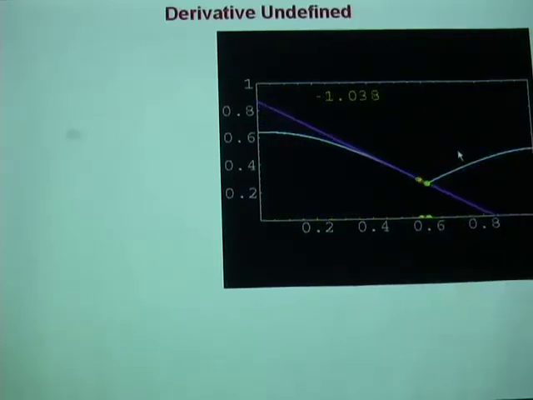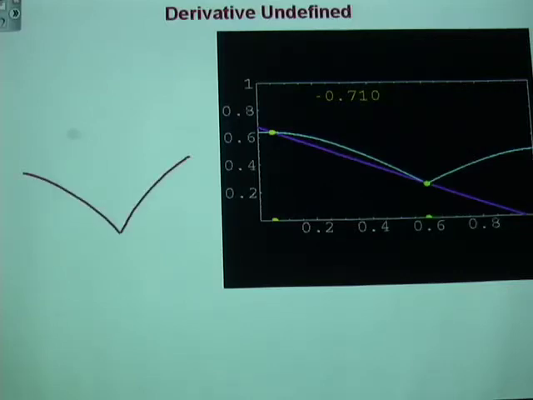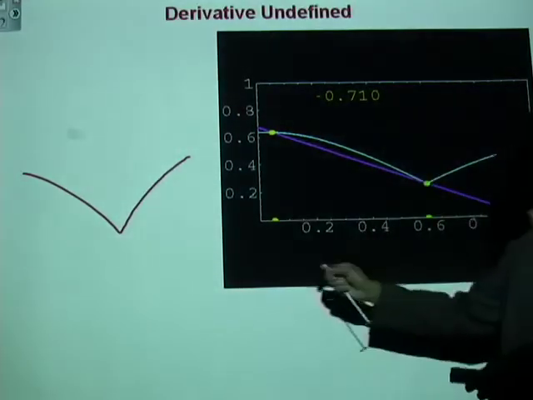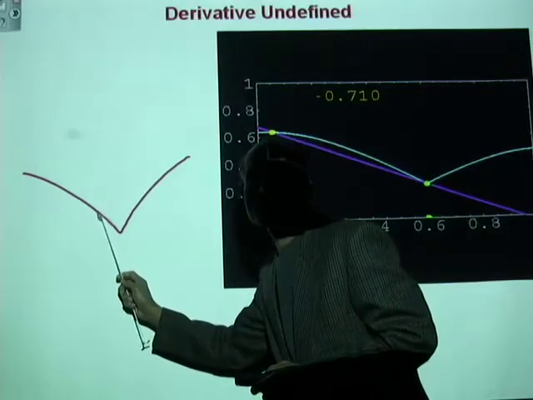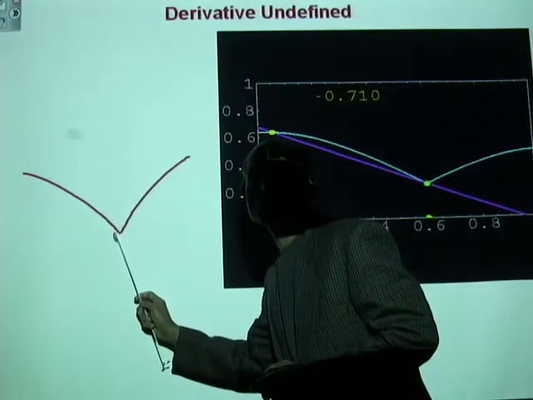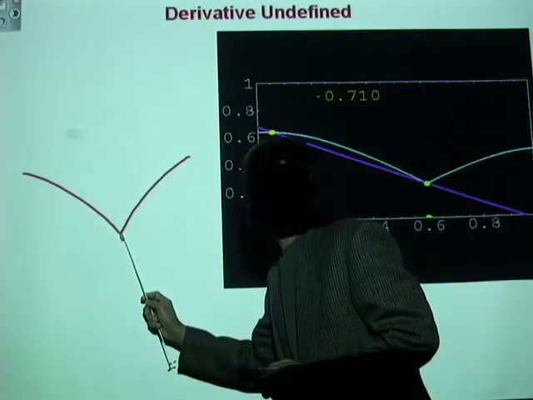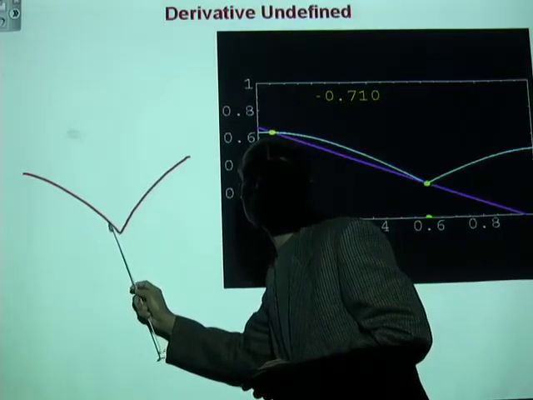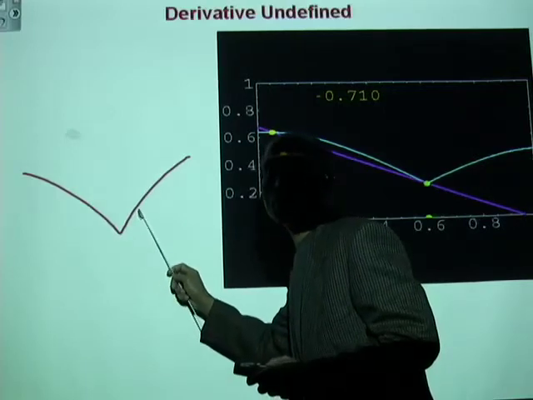Now, let me see if I can actually illustrate that by drawing another diagram. Now, this is how this point looked like. If you have in the graph of a function a sharp turn like this, now a tangent line at this point can be like this or like this.